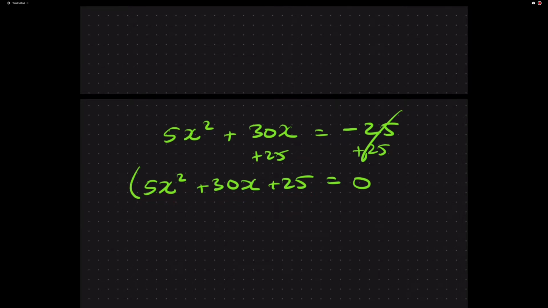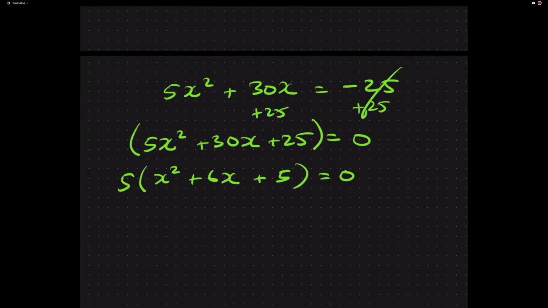So we're going to pull out a 5, leaving us with x squared plus 6x plus 5. And don't forget, it's an equation, so we need the equal sign. It equals 0.